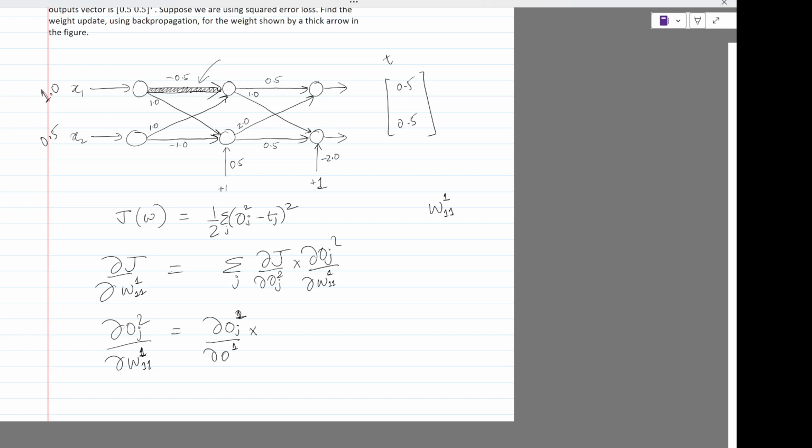I need only this one, so I'll take O11 and here del O11 by del W11.